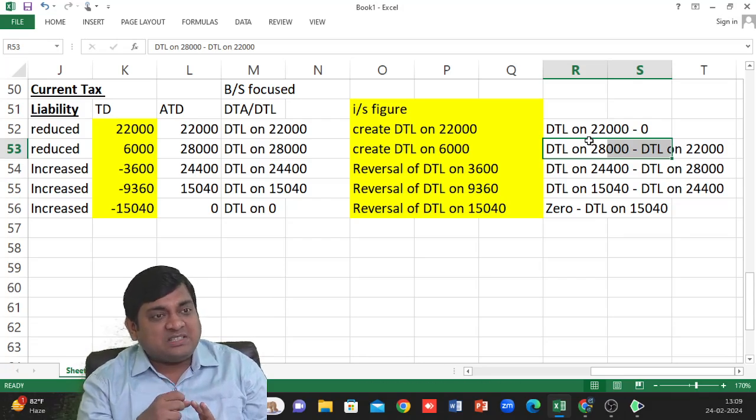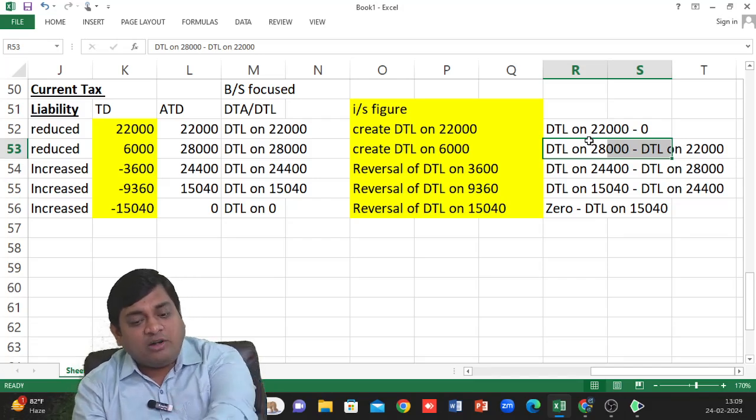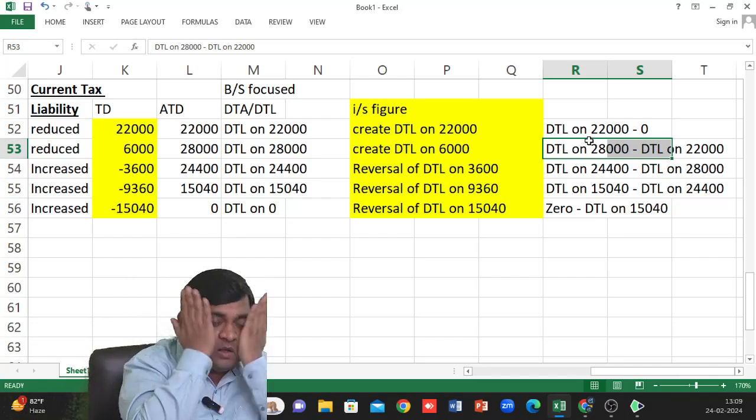So when it is as a percentage of sale, it is income statement focused. But when it is as a percentage of accounts receivable, it is balance sheet focused. Same here. If tax rates are different, balance sheet focused. If tax rates are same, directly on TD you can create deferred tax asset and liability.